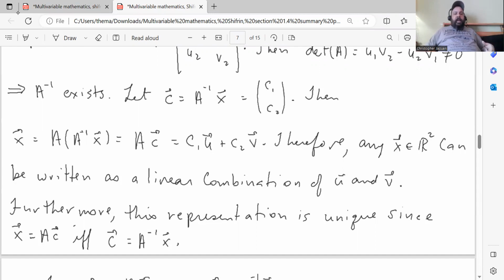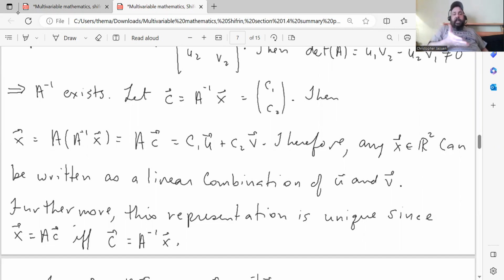But then A inverse x we define to be the vector c, so A times A inverse x is A times c, which from the definition of matrix multiplication is the linear combination of the columns of A. So the first column is U, the second column is V, and the weights in the linear combination are c1 and c2. So you get the linear combination c1 U plus c2 V.